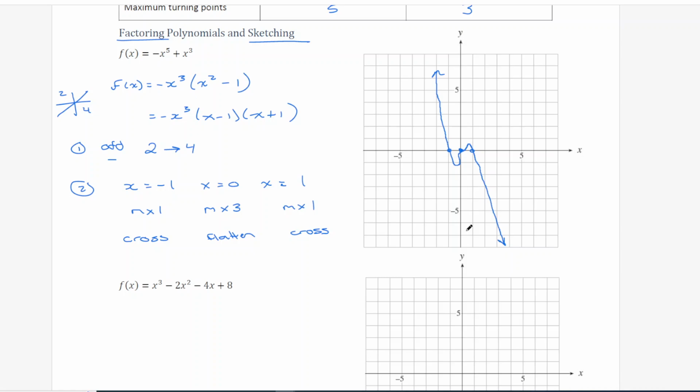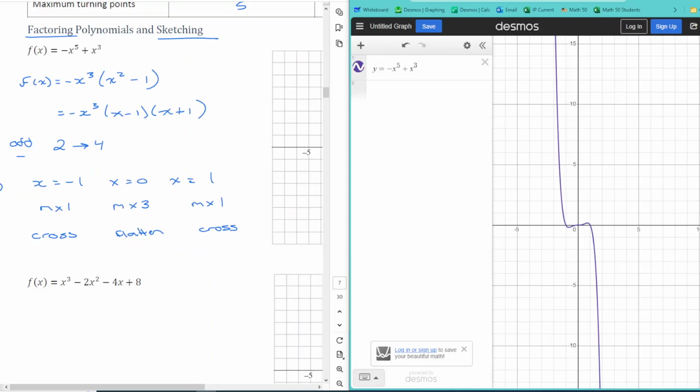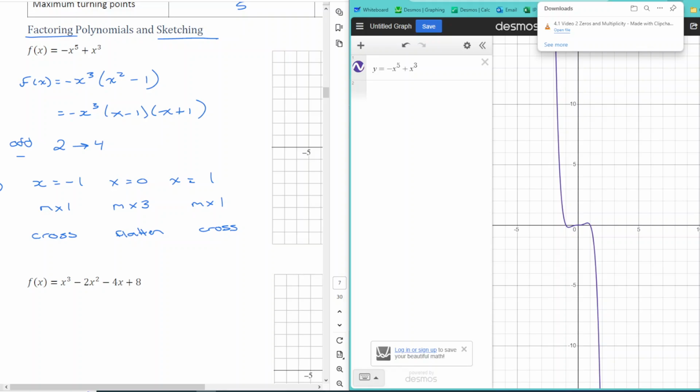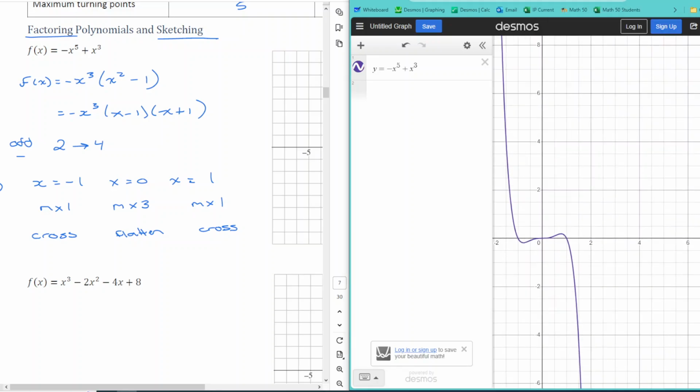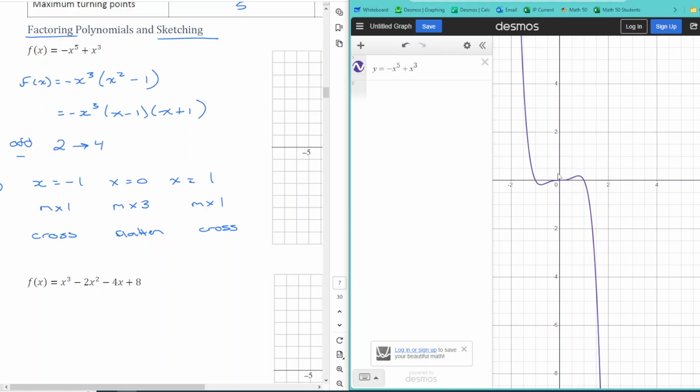And again, we could check this with Desmos. Actually, let's do it. I'm always so nervous of making mistakes on videos that I really like to check on Desmos, just partially for that reason. So I started in quadrant 2, I ended in quadrant 4, and then let's just zoom in on these x-intercepts. Oh, they're so sad looking. So I crossed through at negative 1, so my scale is 0.5 on this one.